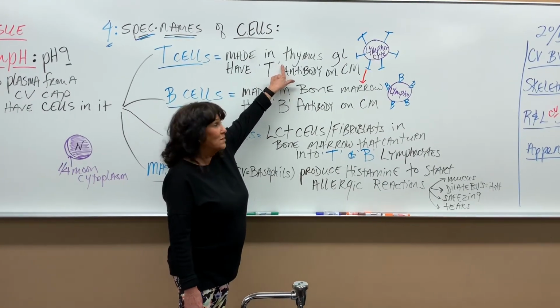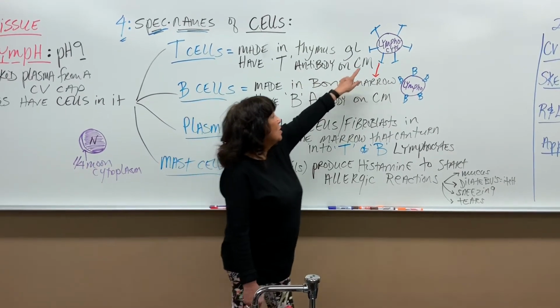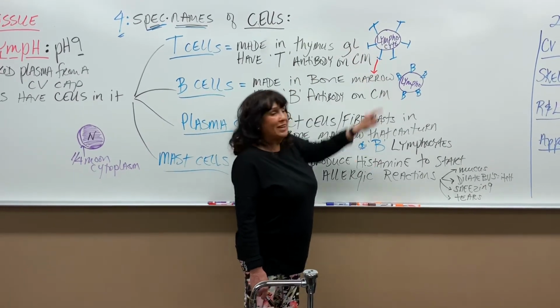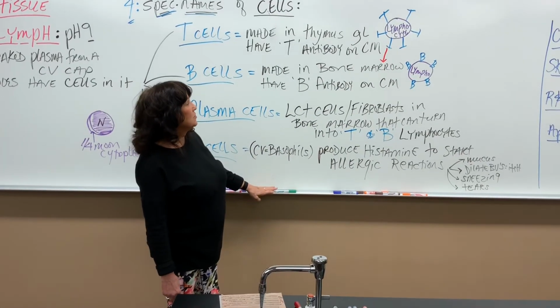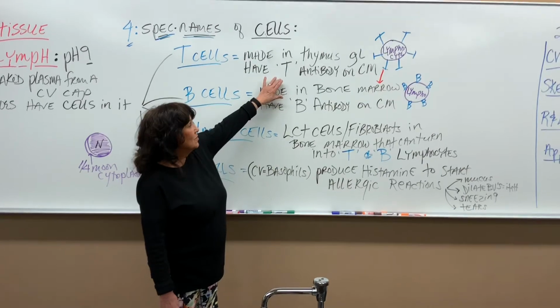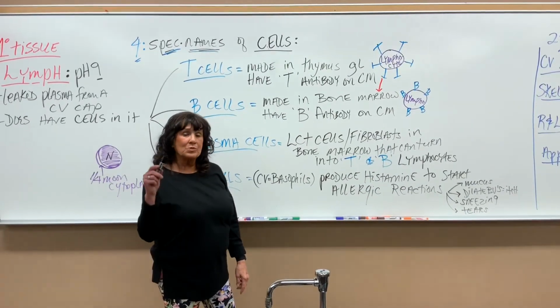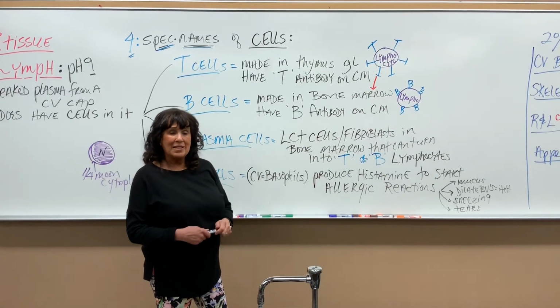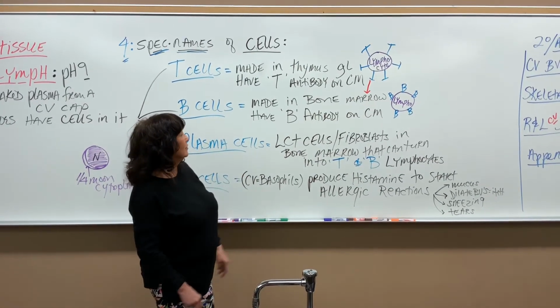Get it? It's named for where it's made. And so that antibody will be placed on the cell membrane. And you can't see that. You have to have an electron microscope to see the antibodies. But that T cell, those antibodies, are pieces of protein that will specifically attack bacteria and viruses, right? Depending upon how they're made, right?